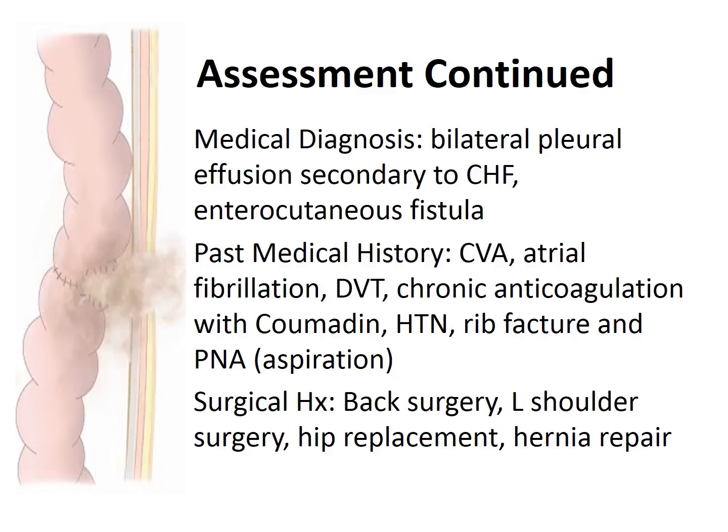Past surgical history included a back surgery, left shoulder surgery, hip replacement, and hernia surgery or hernia repair. It's important to note the hernia repair, as this led to that enterocutaneous fistula.